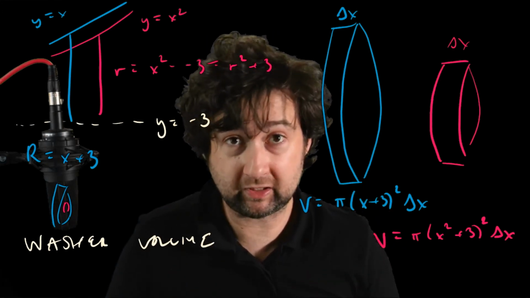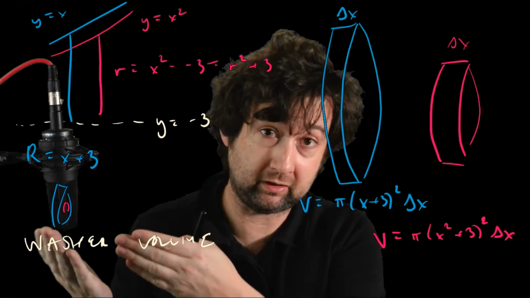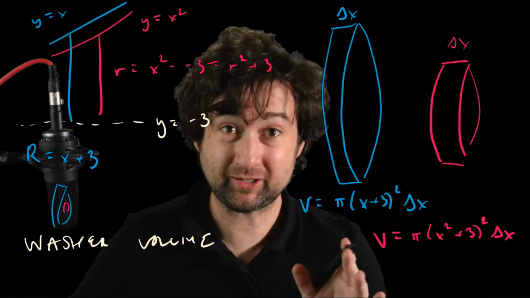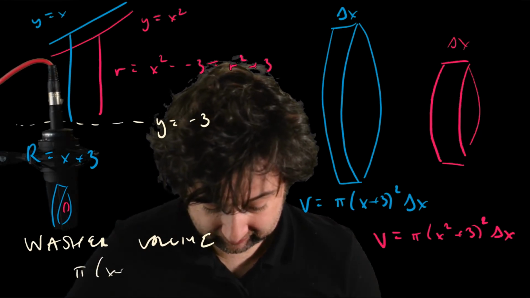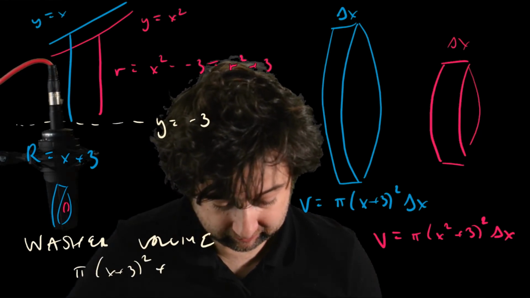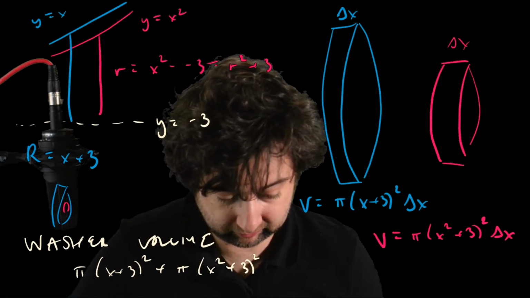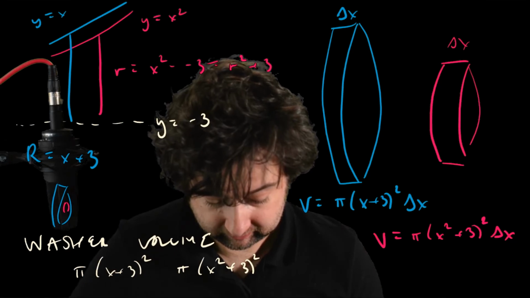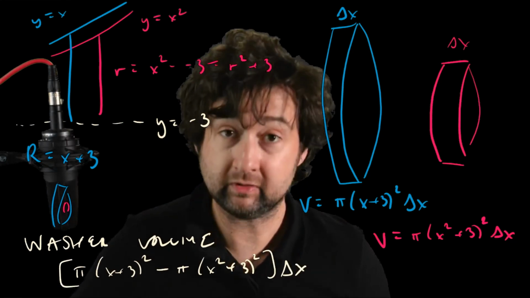So when you're approximating volumes of objects that have hollow spaces in the middle, washers are the thing that occur. So the washer volume is going to be pi times (x plus 3) squared, minus pi times (x squared plus 3) squared, all of that times delta x.